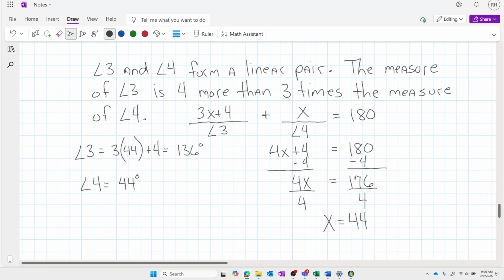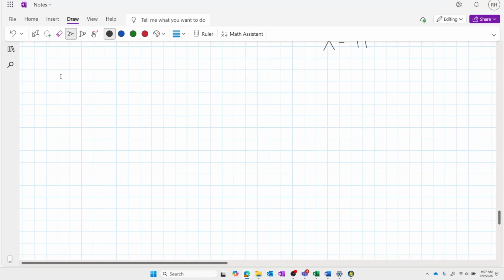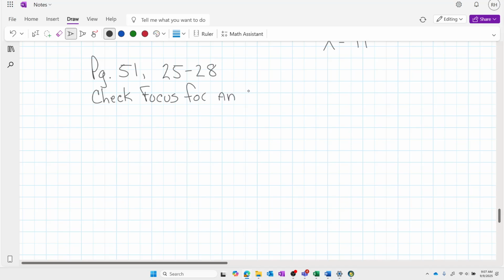All right, then your practice for today is going to start on page 51. Problems 25 through 28. Then when you're done with that, you need to check focus every day for an EA.